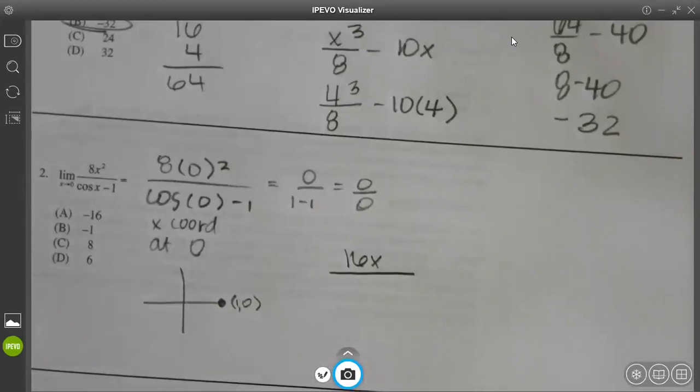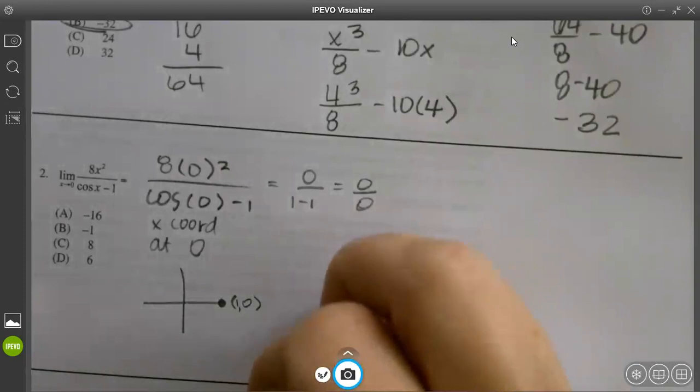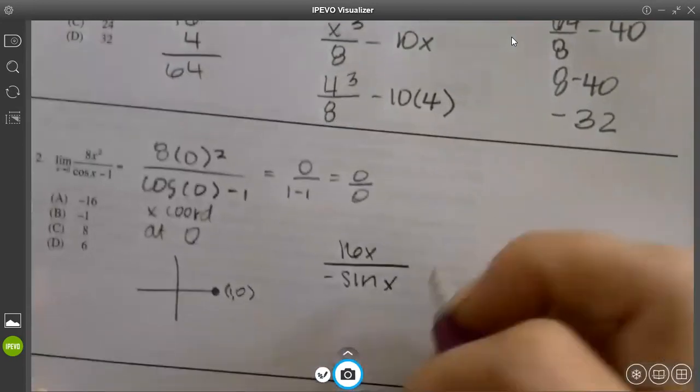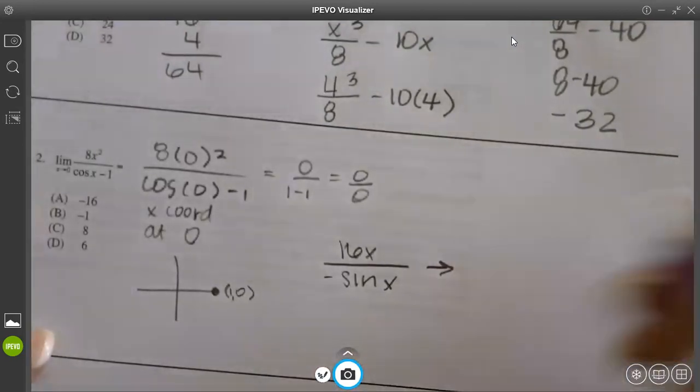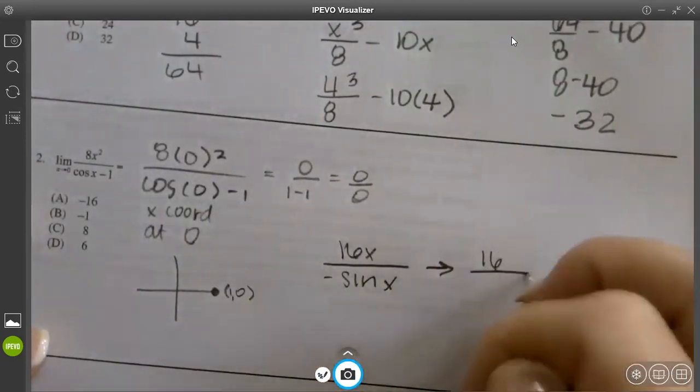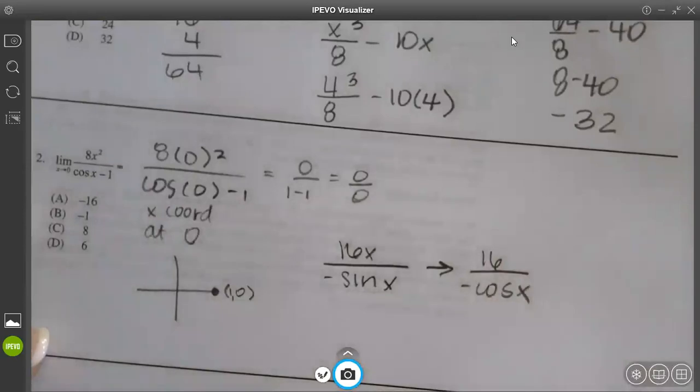Say it again. Plug it in. What is 16 times 0? Sine 0 is still indeterminate. So what do we do? Take the derivative again. Derivative of 16x. Derivative of negative sine x, negative cosine x.